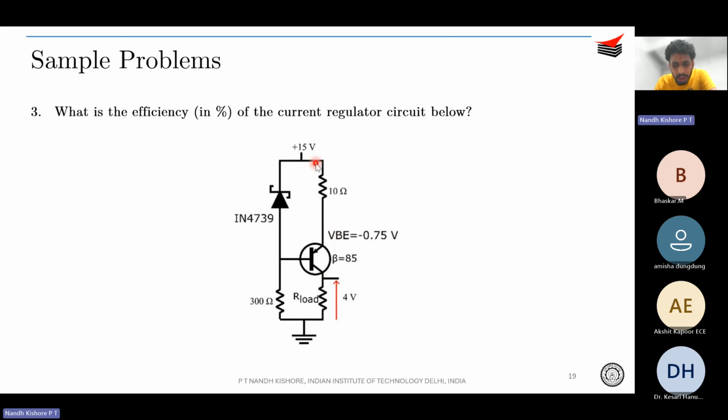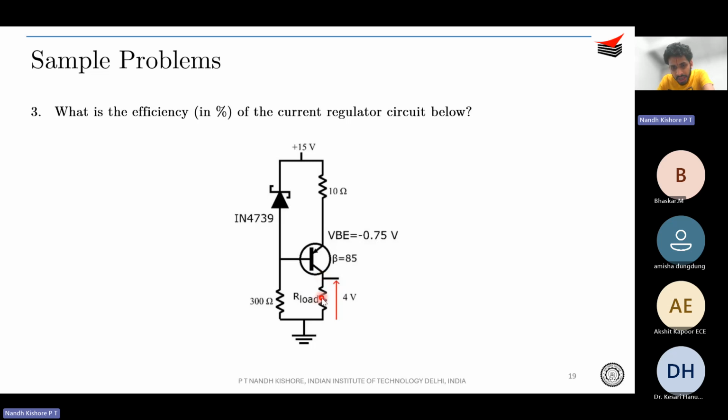Efficiency will be simply P naught by P in, that is the output power divided by input power. Output power is obtained across the load. That is, you need to find V naught into I naught. V naught is given as 4 volt. You just need to find out what is I naught. I naught is simply your emitter current, or sorry, your collector current, right?